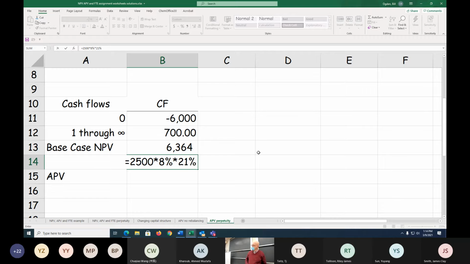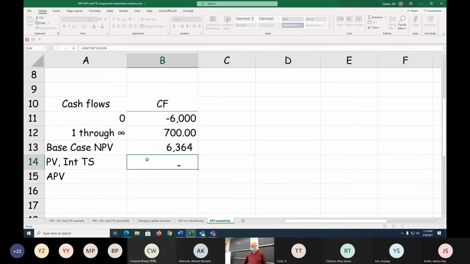I want the present value of the interest tax shield. Now here's something I hope you'll notice. I'll divide this by, and we're discounting this perpetual stream of cash flows at what rate? 8%. This is the RD version of it, isn't it? Now what do you see here? You see that this 8% in the denominator equals this 8% in the numerator.